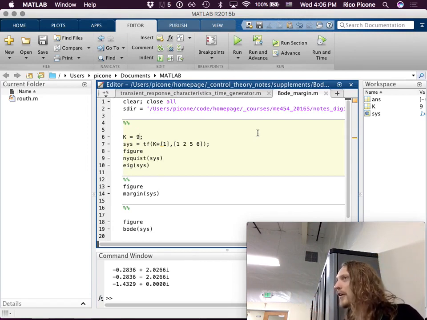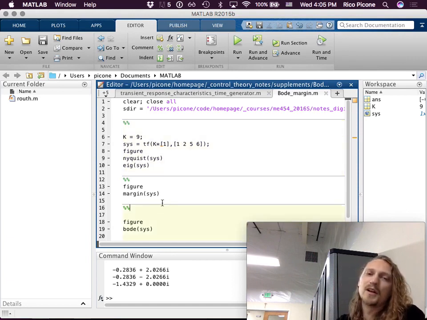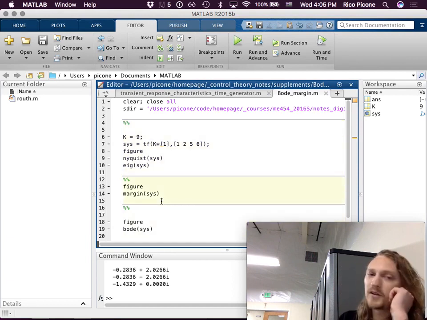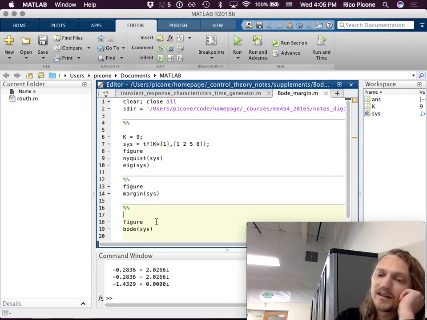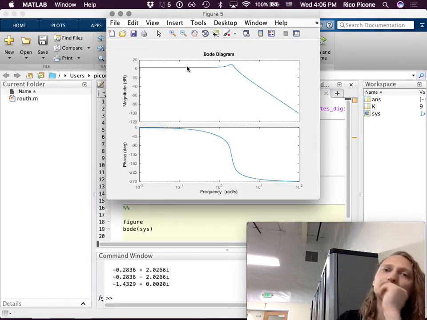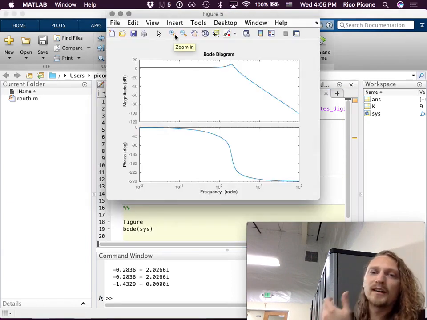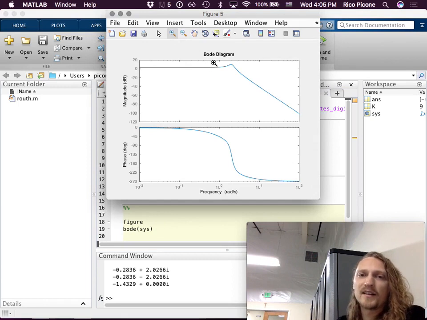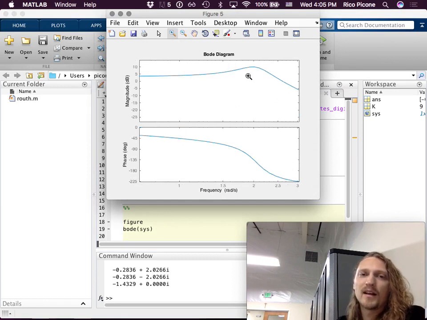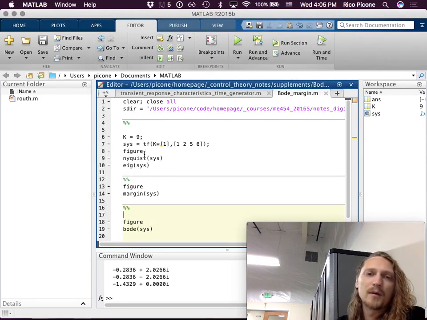So now our next step is, we can use Bode and look at the Bode plot, which is fine, but it's not something that we can see the values very easily from. We can pick out points. I will tell you that the margin one's easier to use.